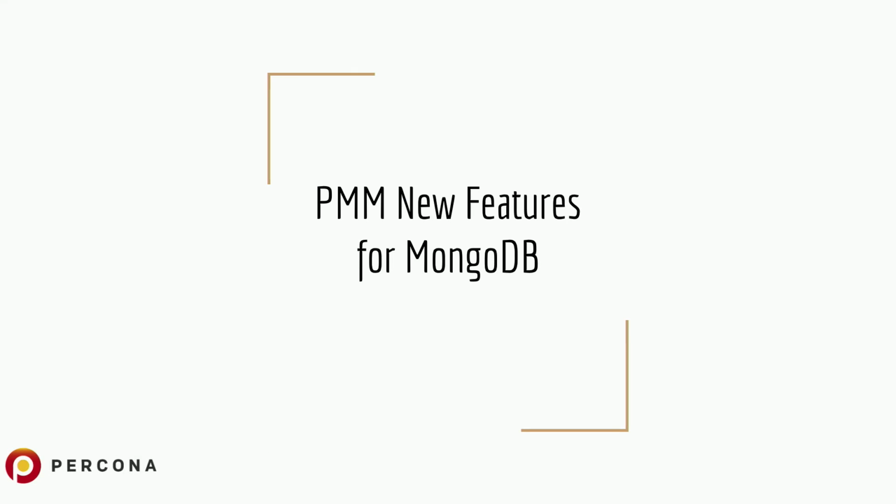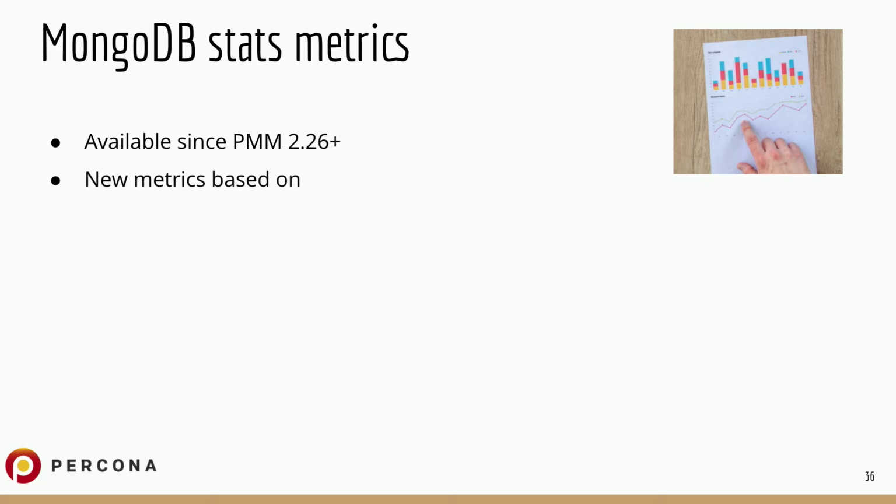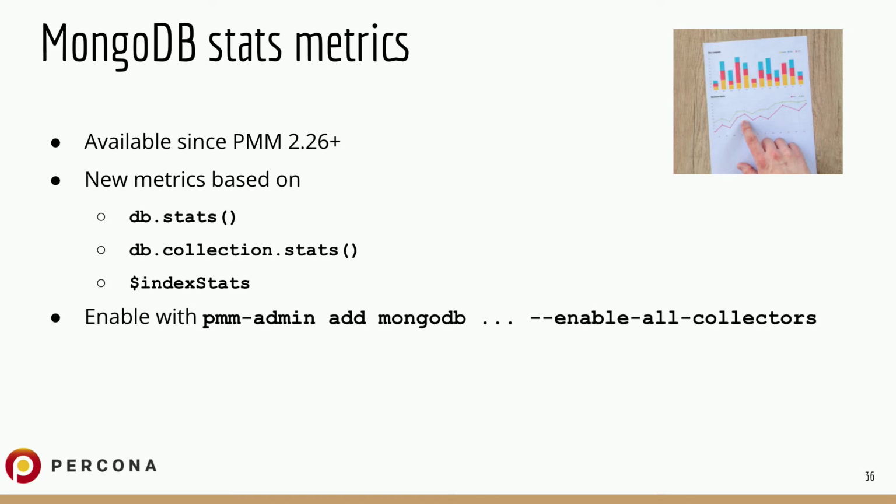Okay, so now I'd like to briefly talk about the new features that we have, specifically for MongoDB. One of them is the DB stats metrics. Okay, this is available in PMM version 2.26 and newer. So this basically is capturing all of this information within PMM.